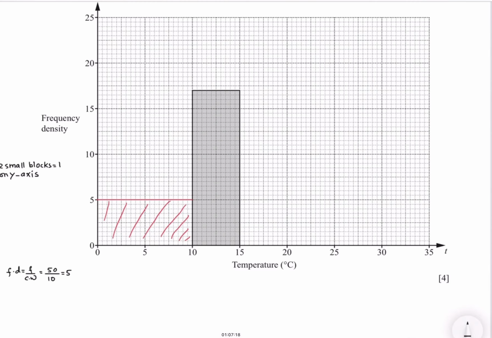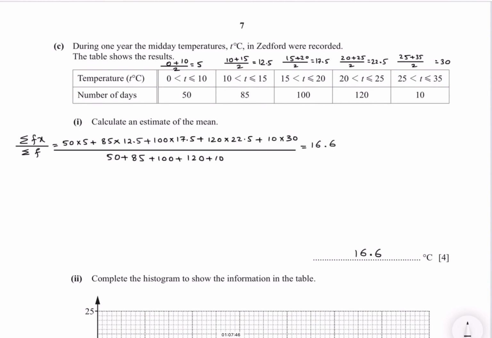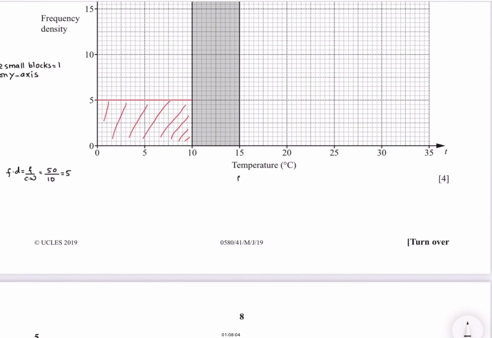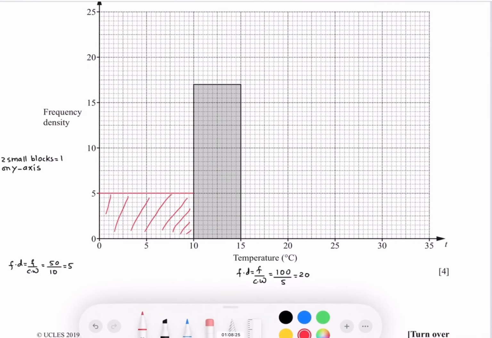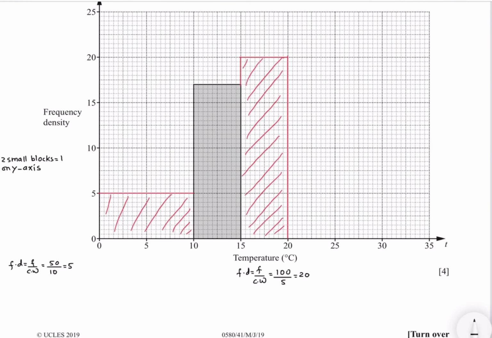And from 15 to 20, your frequency is 100 and class width is 5, 20 minus 15. So 100 divided by 5 is 20. So you go up to the frequency density 20 and draw the bar, shade it like that.